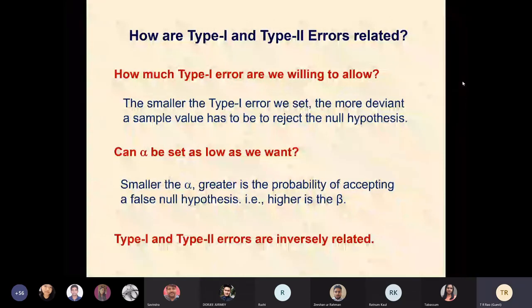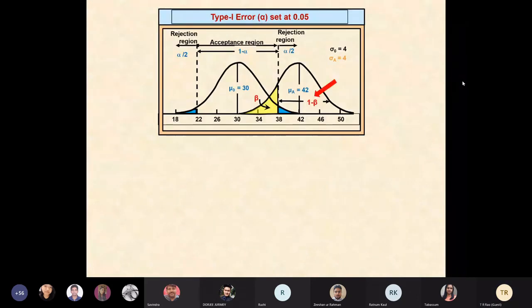Just as our guy from Mars or some other galaxy doesn't know what the null hypothesis is. He might be accepting his own null hypothesis, which might be far away from 72, right? So the remaining part, the yellow shaded one, is 1 minus beta.